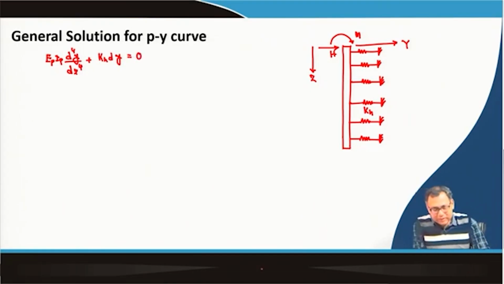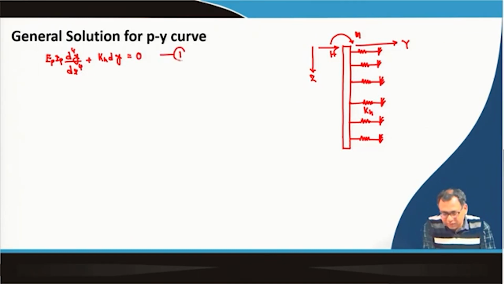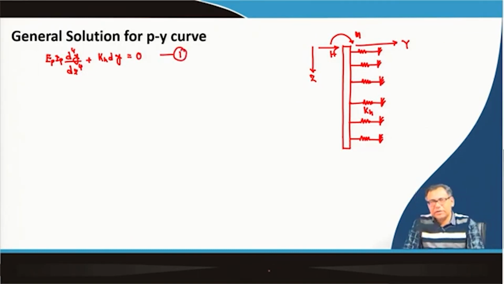So, this is your generalized solution for the beam subjected to H and the moment. Why is it 0? Because there is no UDL acting. It is only horizontal load and moment acting, so that will be taken care of during the application of the boundary condition.